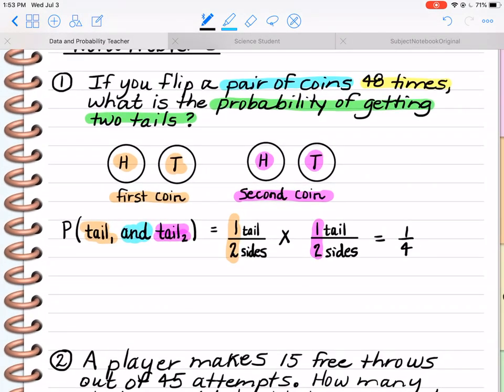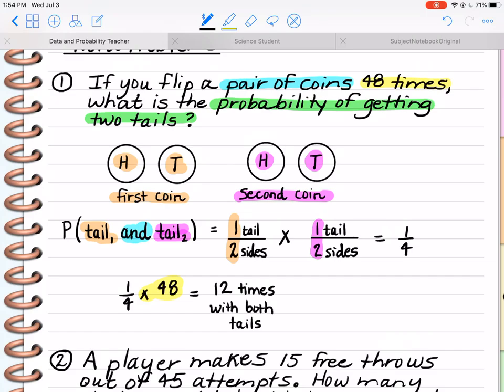And then how many times do you want to flip those 2 coins? You want to do that 48 times. So that probability times the 48, this is the yellow part from my problem. So 1/4 times 48 is 12. So you would likely get this to happen 12 times with two tails, with both tails. Okay.